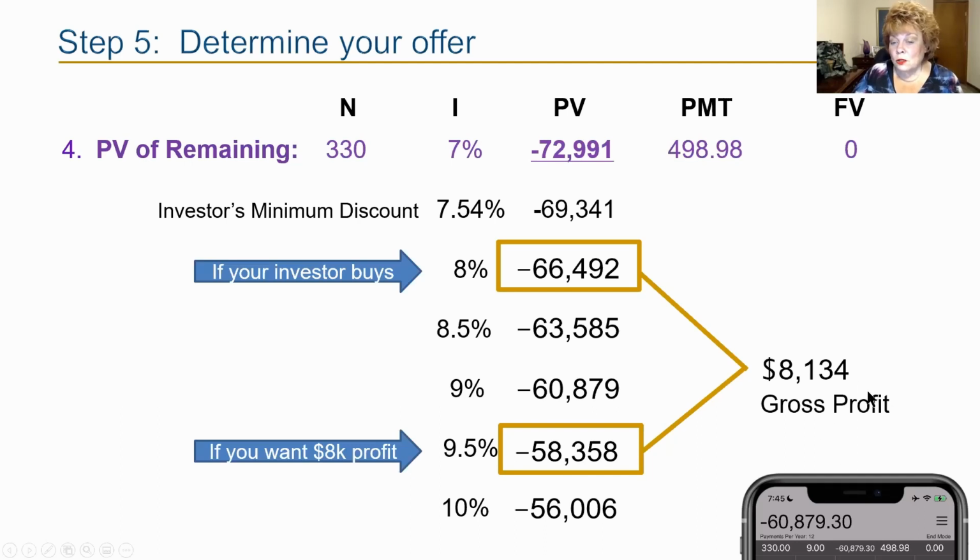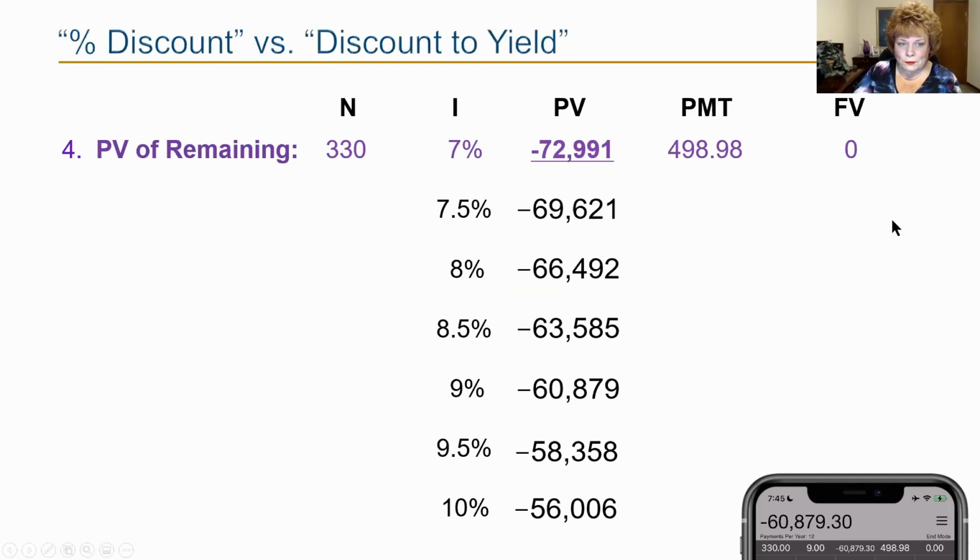You still have to deduct your closing costs, which usually run $1,200 to $1,500, depending on whether or not you have to get a new title policy. So do you see how you can pick numbers out? It helps you to easily formulate your offer.